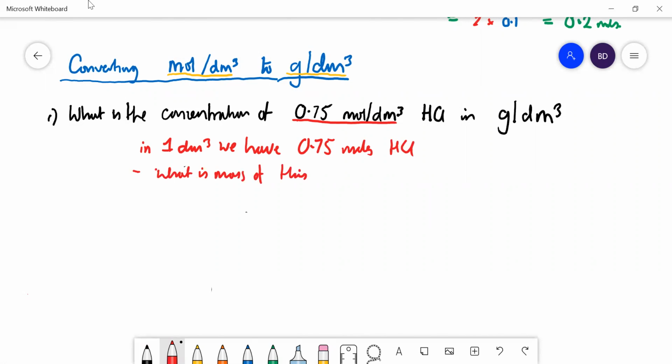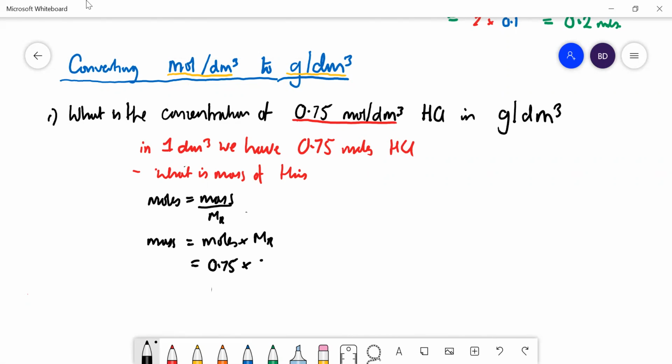And the equation we're going to use for that is moles is equal to mass over Mr. So rearranging that, we get mass is equal to moles times Mr. So it's going to be 0.75 multiplied by the Mr of HCl, that's 36.5.